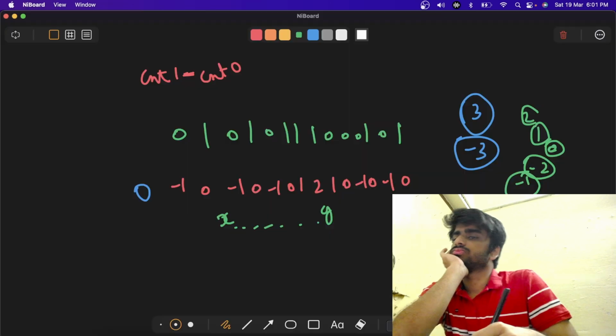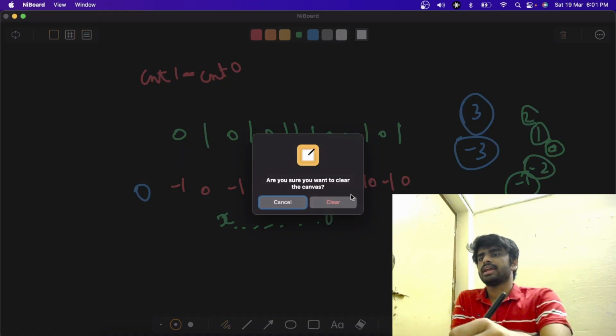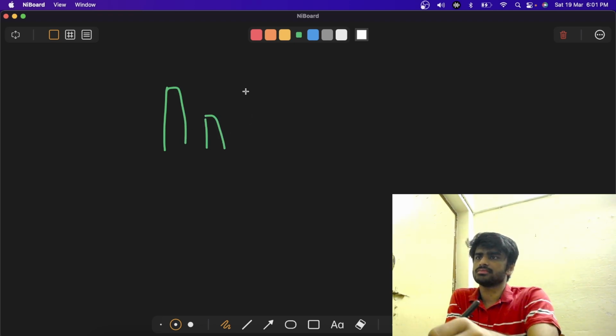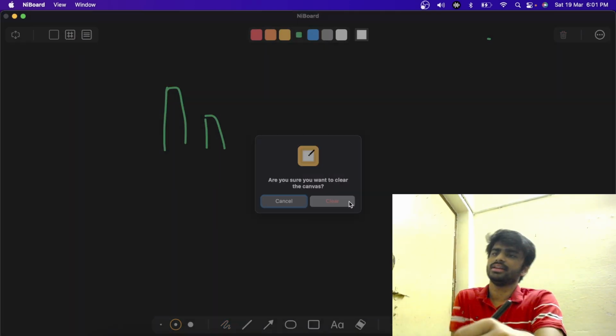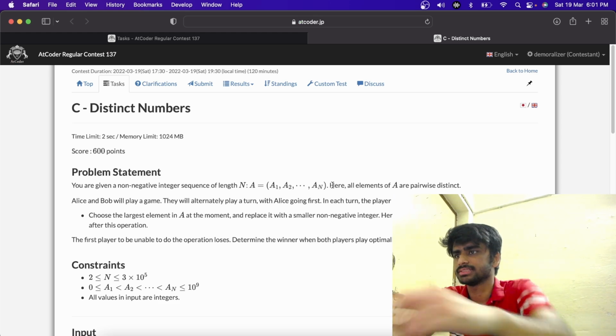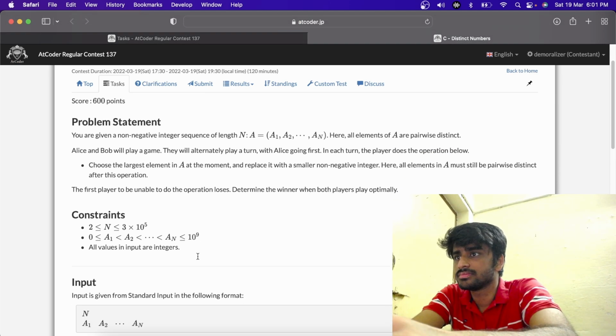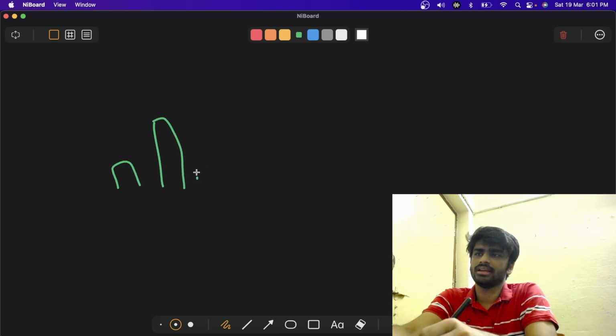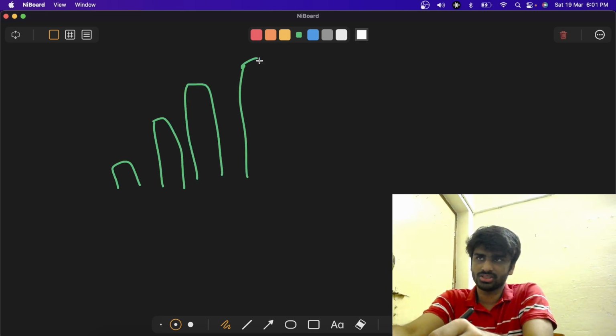So the question is kind of like we have a lot of numbers. Actually, it's given in increasing order, but I don't think it matters because after some moves, it won't stay in increasing order.